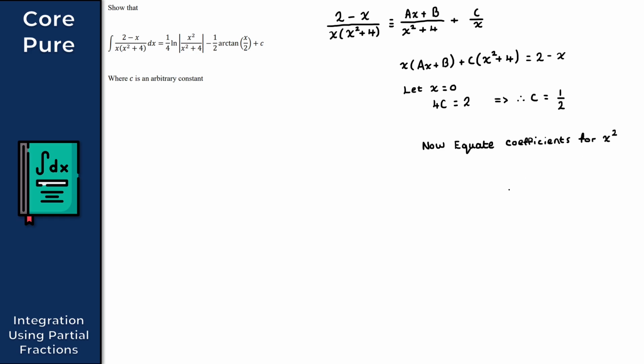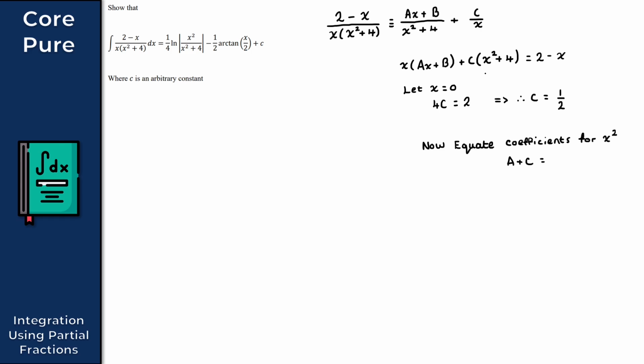So if we now equate coefficients for x squared here, well, I've got ax times x. So imagine you expand this out, we get ax squared. So the coefficient of ax squared is just a, right? So I've got a. What else do we have here on the left-hand side? So we expand this bracket here with the c on the outside, I get cx squared. So the coefficient of cx squared is c. So on the left-hand side, we have a plus c.